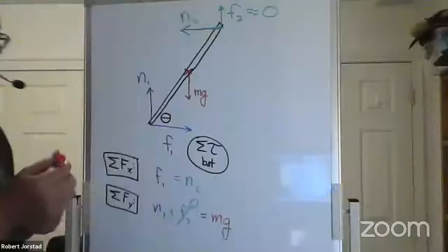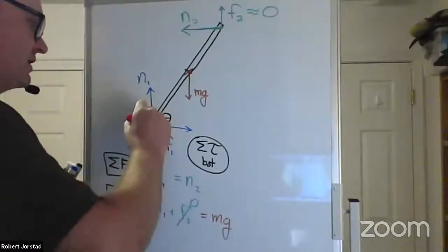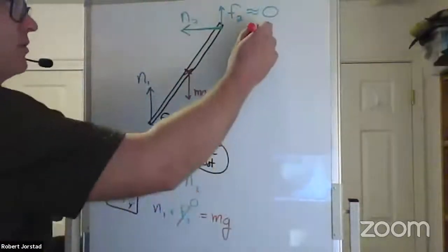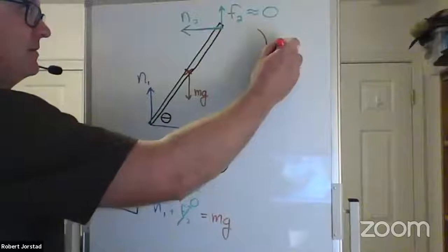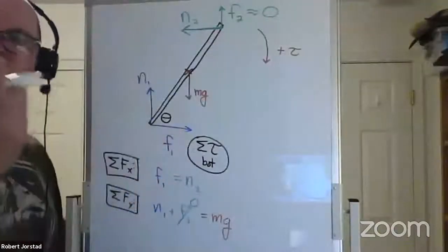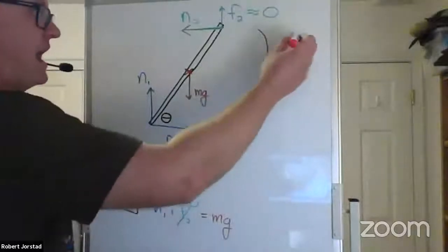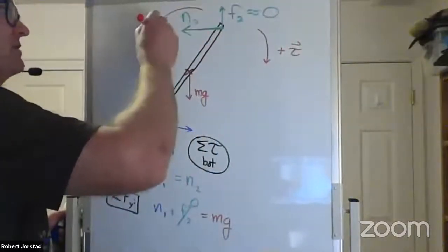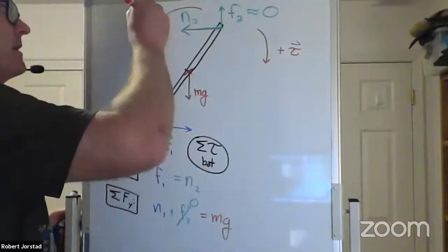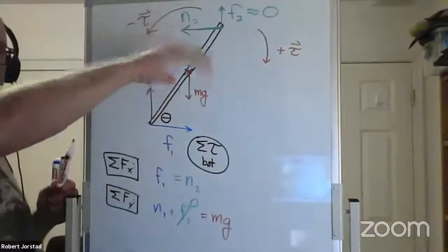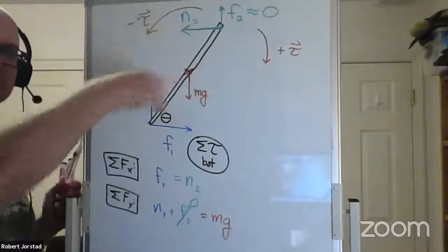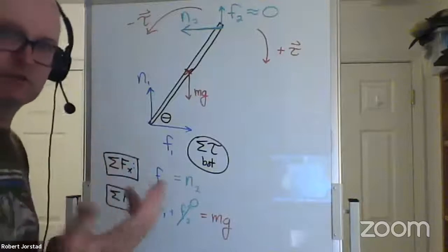Okay, let's do it. So let's say, do you want to call this way positive? Yeah, because then it's falling, right? Or it wants to fall. It doesn't matter either way. So I'm fine with that. I like your reasoning. We might think it tends to rotate that way, so why not call it positive? I'm totally cool with that.